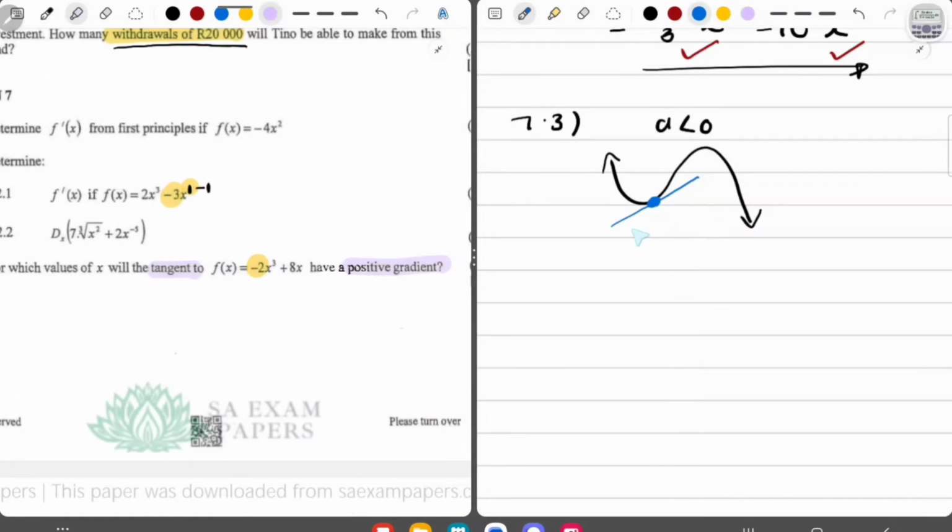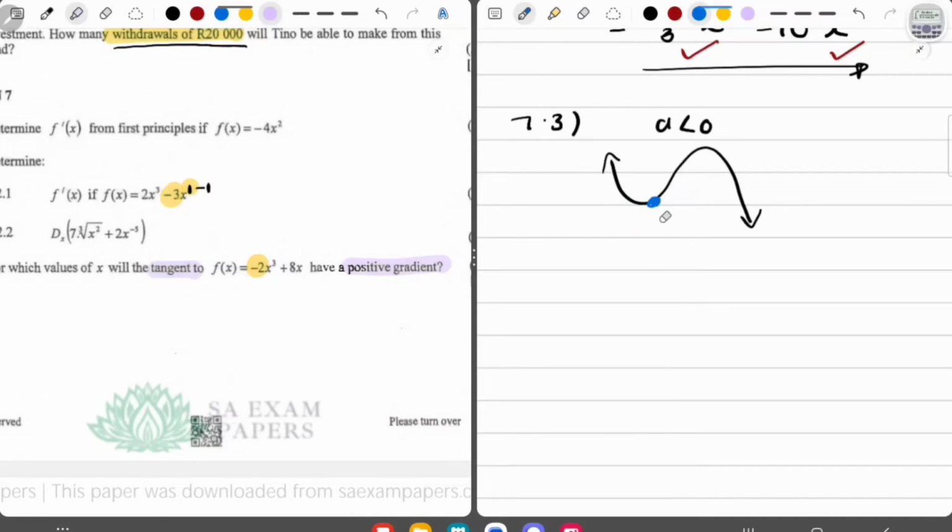If the gradient of the tangent and the gradient of the curve are exactly the same, what they're really asking you is, you need to determine the values of x for which this curve will have a positive gradient. Because if the gradient of the tangent is positive, then the gradient of the curve at that point is also positive. That's what they're asking you.